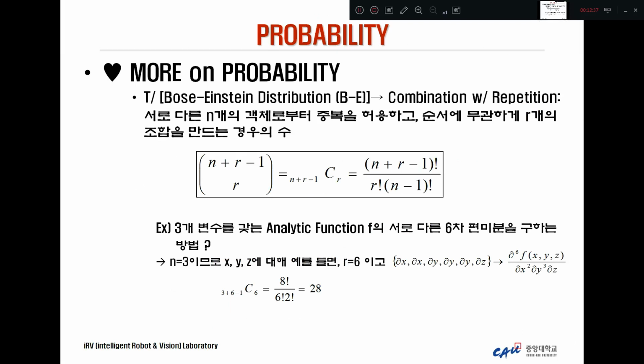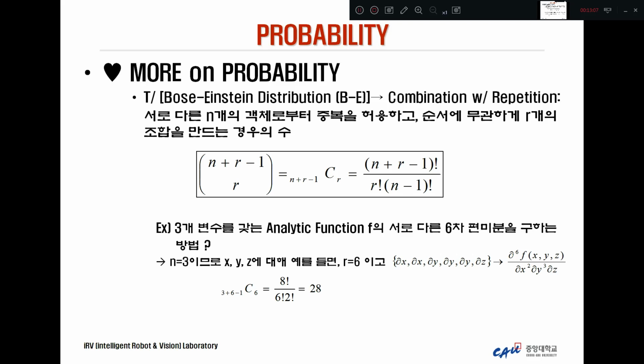Now we have the theorem, Bose-Einstein distribution, BE distribution. This is combination with repetition. We allow repetition. So among n different and distinct objects, we allow repetition, and we don't think of the order, and pick R objects.